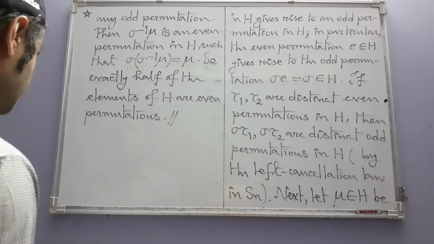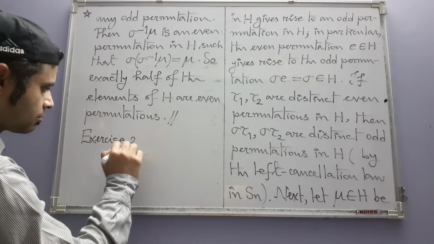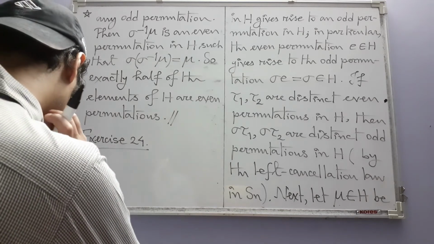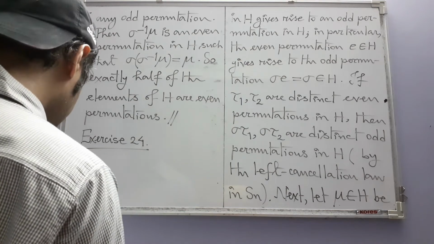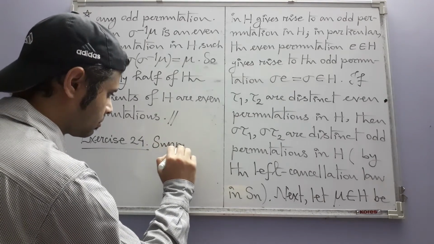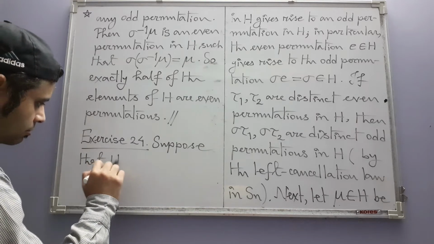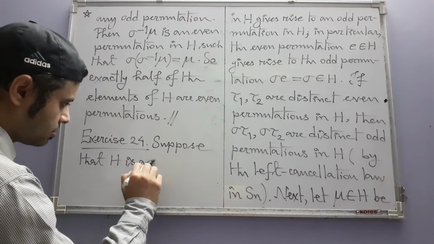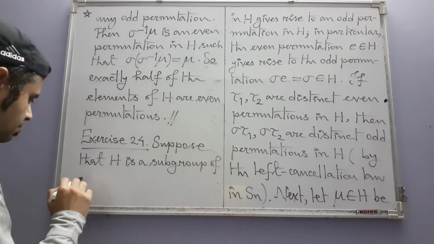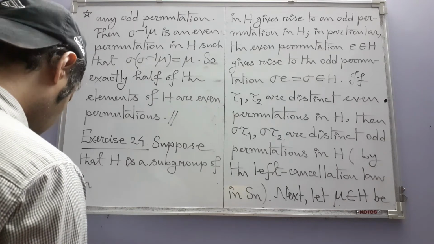Okay, next. (24). Suppose that H is a subgroup of Sn again. Suppose that H is a subgroup of Sn, but now additionally this is given of odd order.